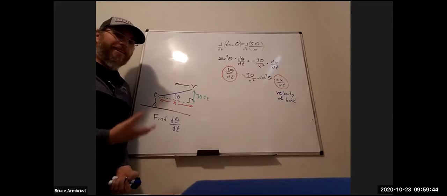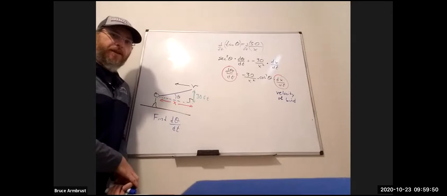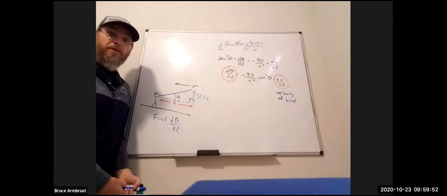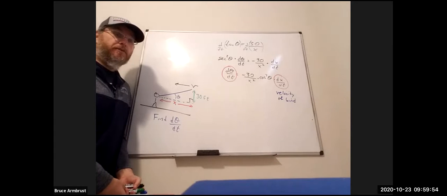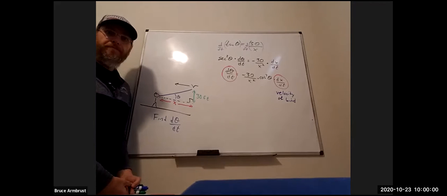So this is the kind of thing we're going to do. Sometimes we'll use right triangles, sometimes we won't. It just depends on what the situation is. But this is an example of a related rates problem.